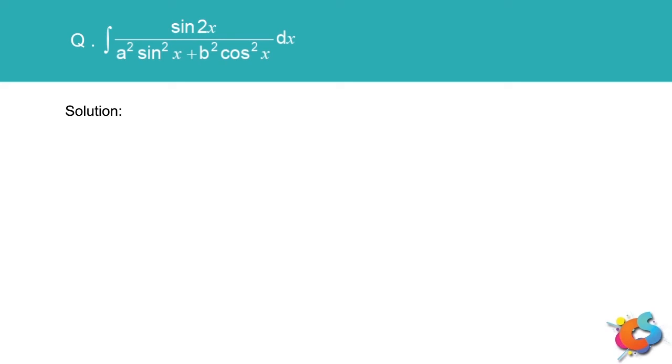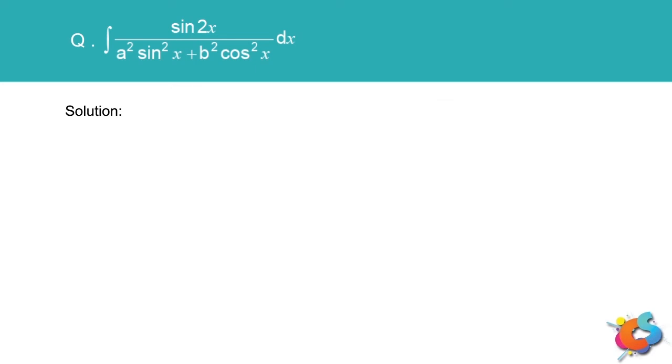So instead of substituting either sine square alone as t or cos square x alone as t, we will substitute the entire term as t, because we know that sine 2x can be written in the form 2 sine x into cos x. So put a square sine square x plus b square cos square x as t.